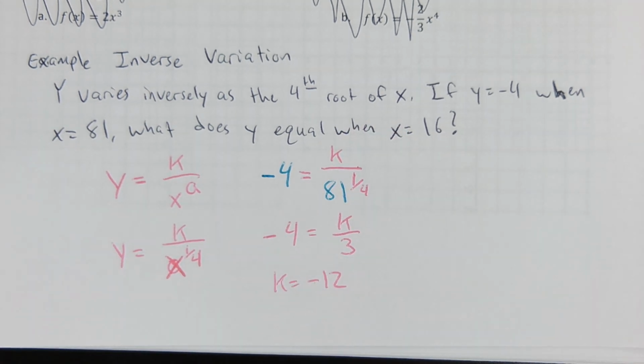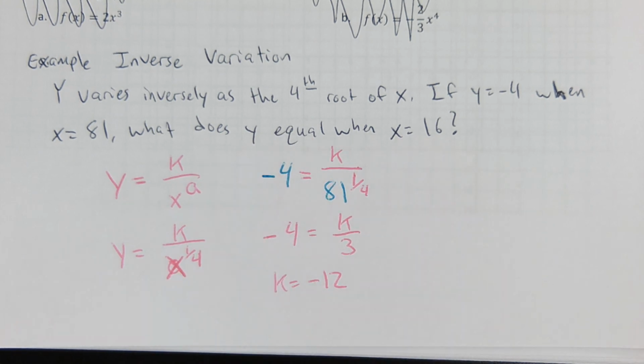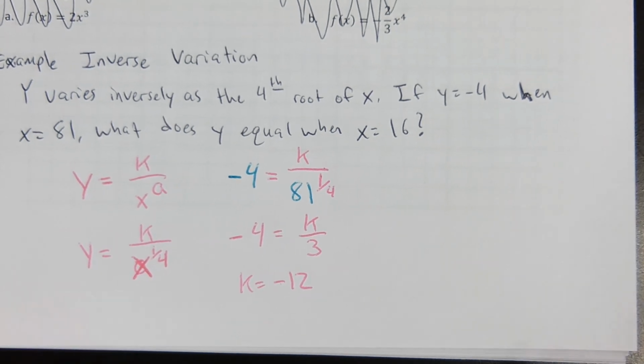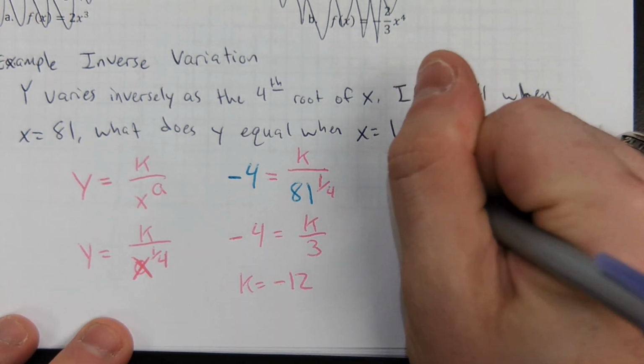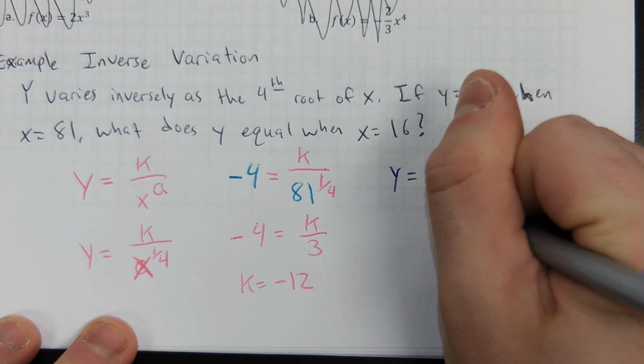And now that we know what k equals, we can write our power function correctly and plug in x equals 16 to figure out what y is. What have I not written in yet? Purple. Y equals negative 12 over x to the 1/4.